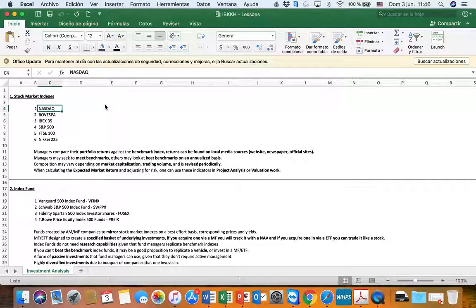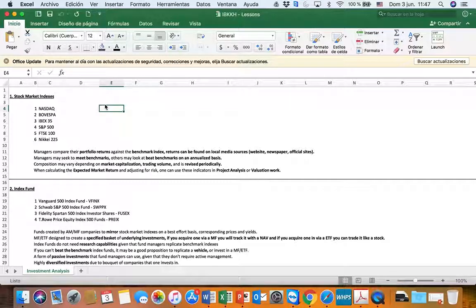A few examples. Whenever you see on the TV, websites, newspapers, or media coverage these names, Nasdaq, Bovespa, IBEX 35, S&P 500, FTSE 100, Nikkei 225, these are benchmark indexes. They are a standard against which portfolio managers can measure their portfolio performance.